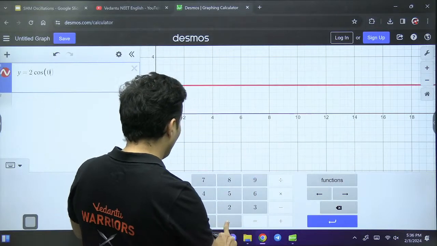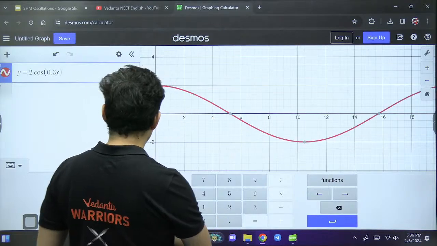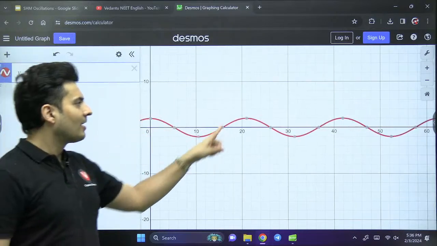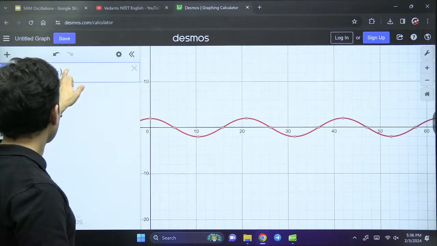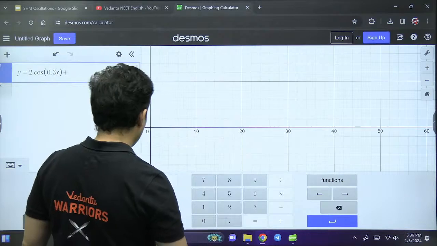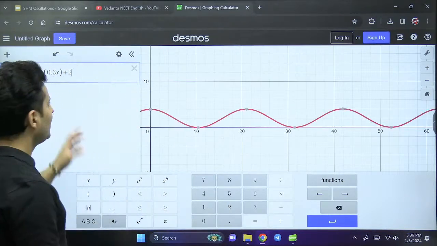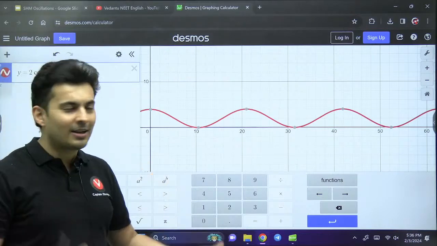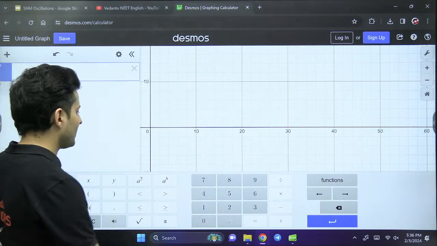Cos of, let's say, 0.3x. Some random thing I've written, but it is repeating itself. I can see that. I can put plus, let's say, 2 outside. Yes, even this is repeating. So sine and cosine graphs are repeating. What about this?